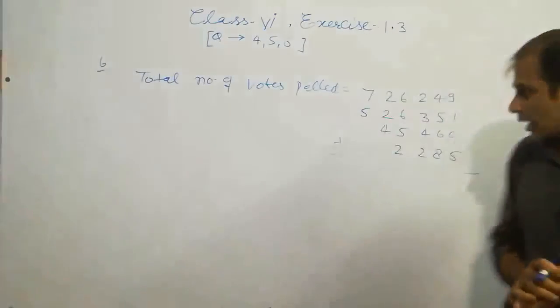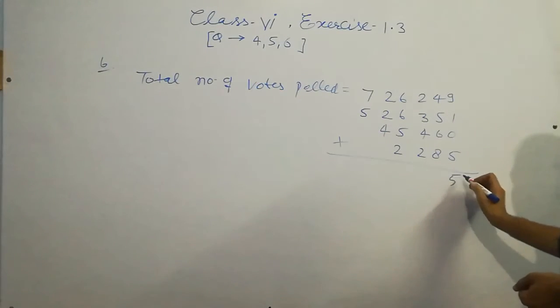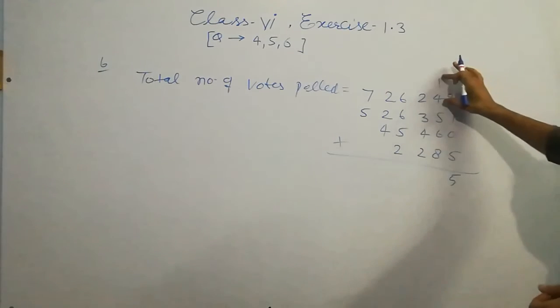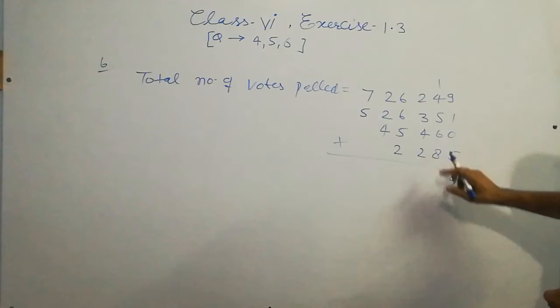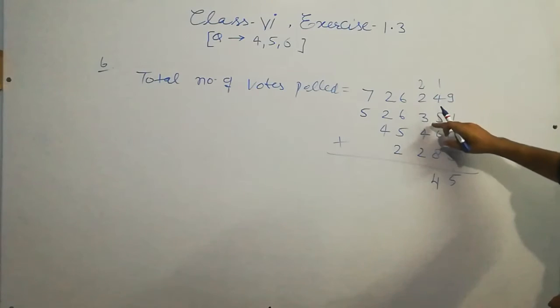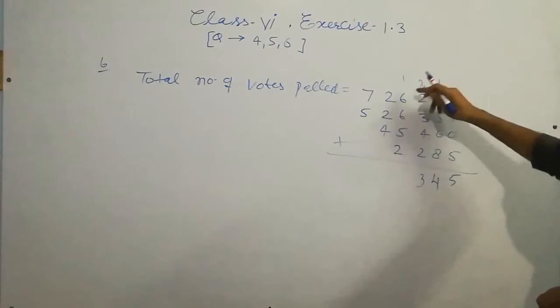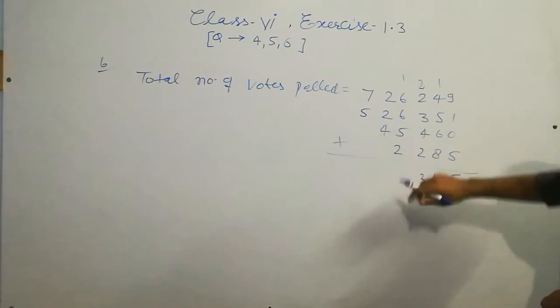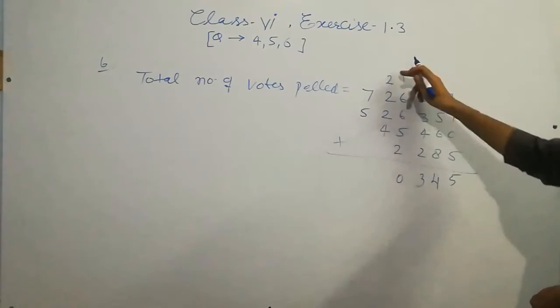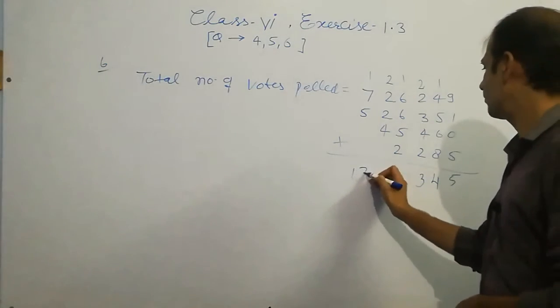So I hope you will add all these numbers. 9 plus 1 is 10, 10 plus 5 is 15, 1 carry. 5 plus 5 is 10, 16 plus 8 is 24, 2 carry. 12 and 4, this is 7, 11, and this is 13, 1 carry. 7 and 6 is 13, plus 5 is 18, plus 2 is 20, 2 carry, 2 and 4, 4 and 2 is 6, and 6 and 4 is 10, 1 carry. 7 plus 1 is 8, and 8 plus 5 is 13.